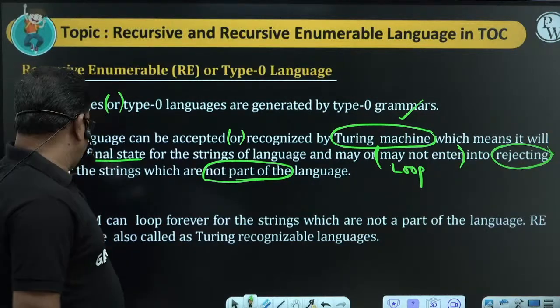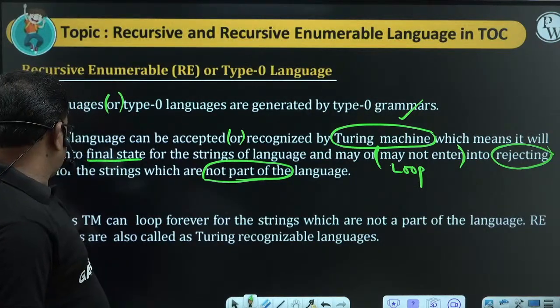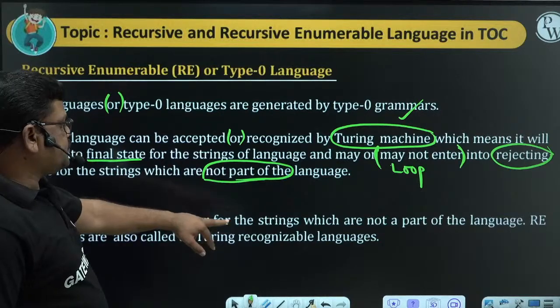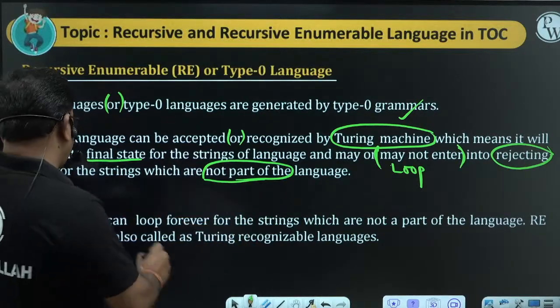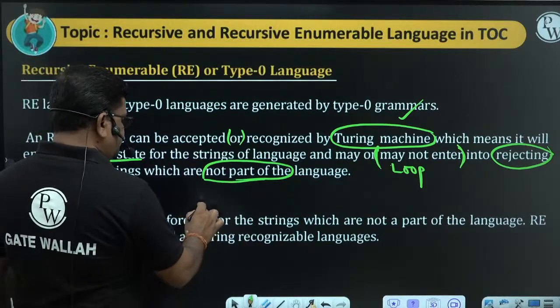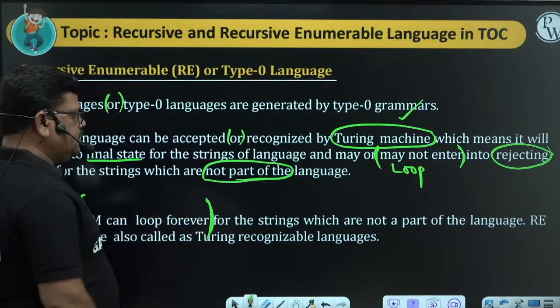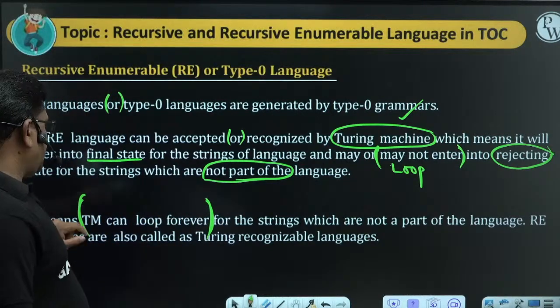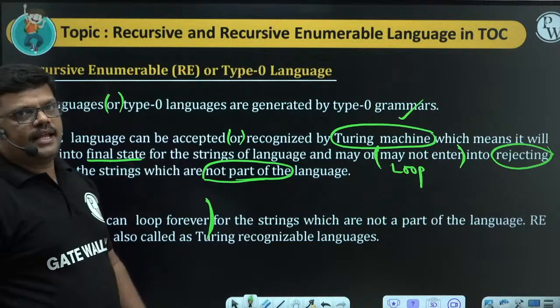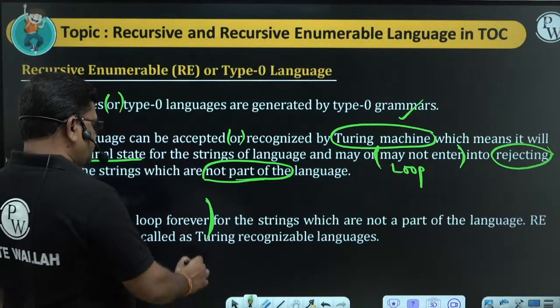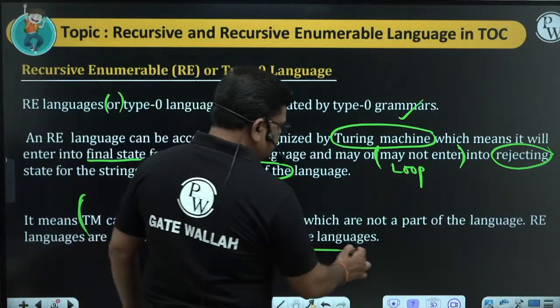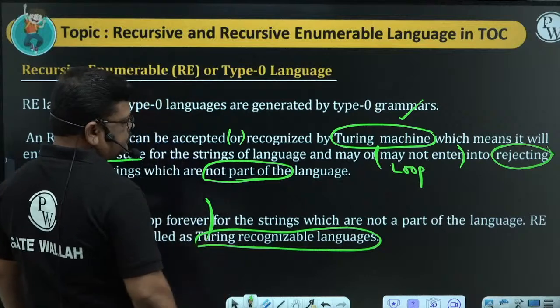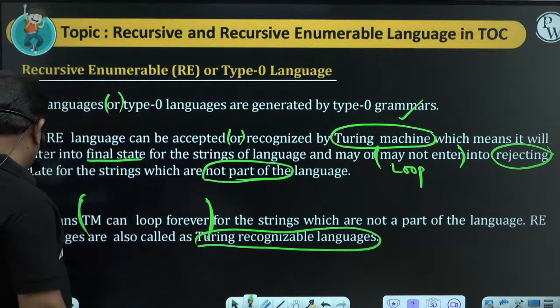That possibility will be there. It means a Turing machine can loop forever for strings which are not part of the language. REL languages are also called Turing recognizable languages.